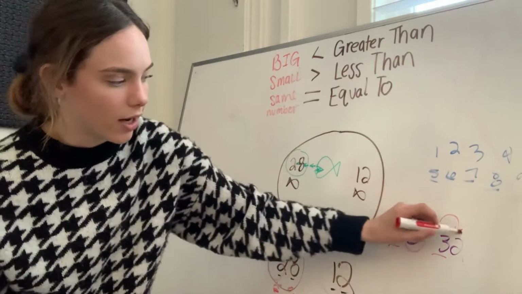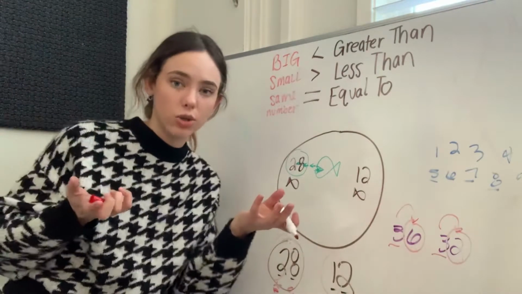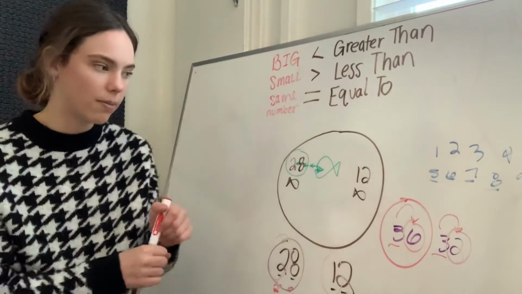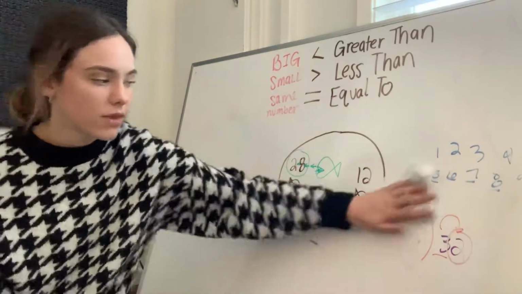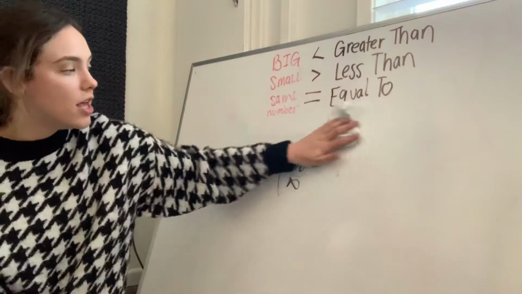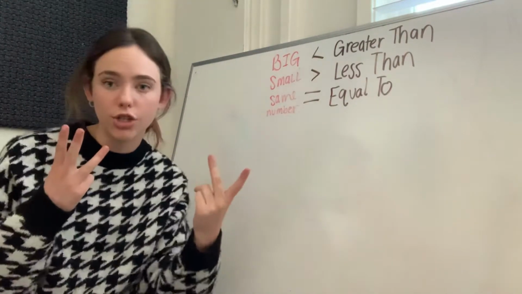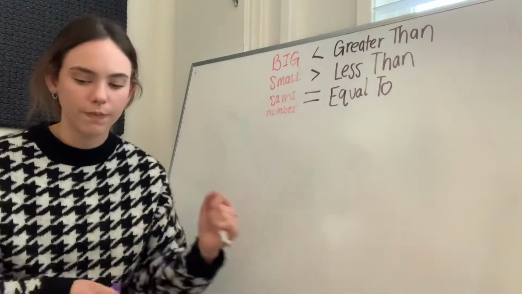And now you're comparing the numbers in the ones place value, which is 6 and 2. 6 is the bigger number, so 36 is overall the bigger number. And that's just a little reminder on how we compare two-digit numbers to each other to figure out which one is bigger. So if we were trying to figure out which one is smaller and we're comparing 3 and 2, we would choose 2. So that number would be the smaller one.